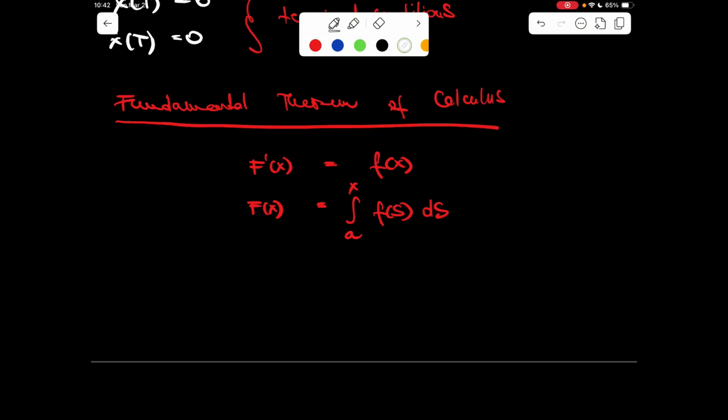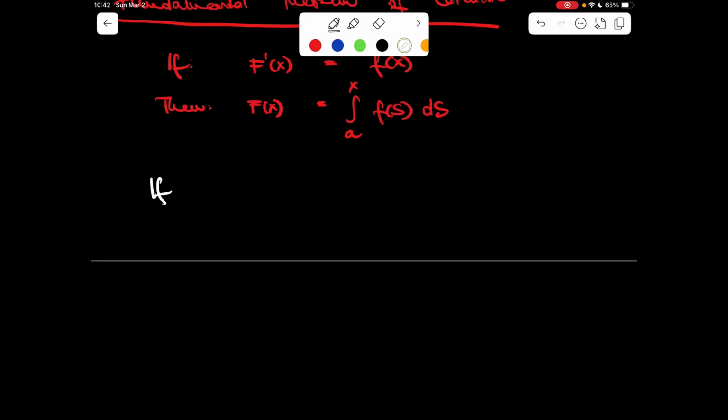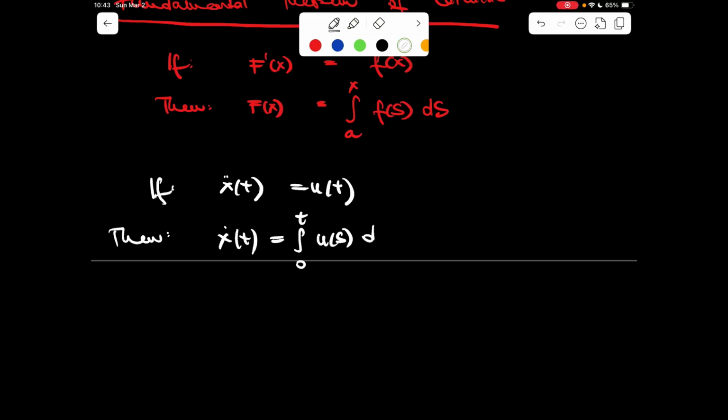So by applying the fundamental theorem of calculus, we can say the following. If the second time differential of the velocity function is u(t), then the first time differential can be described in this way.